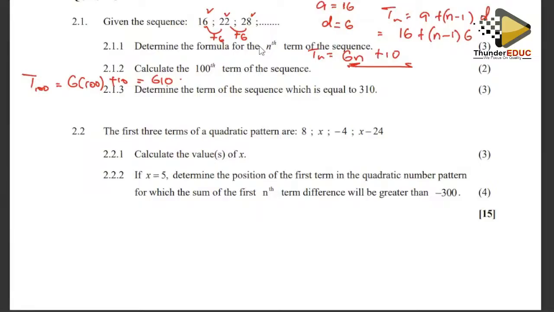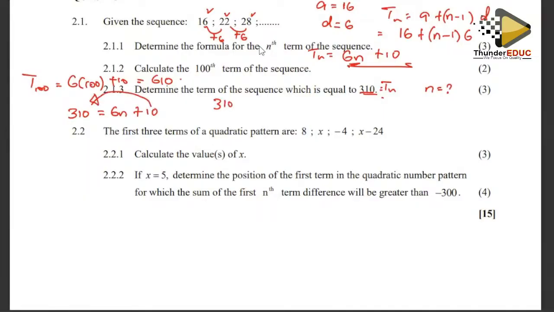All right. Then determine the term of the sequence which is equal to 310. So this is the Tn. The question wants us to find n, the position. If we substitute into the equation again, it's going to be 310 is equal to 6n plus 10. Let's move the 10 that side.